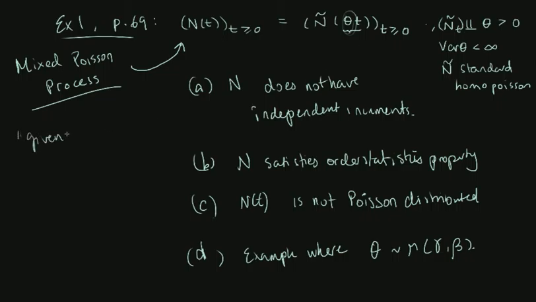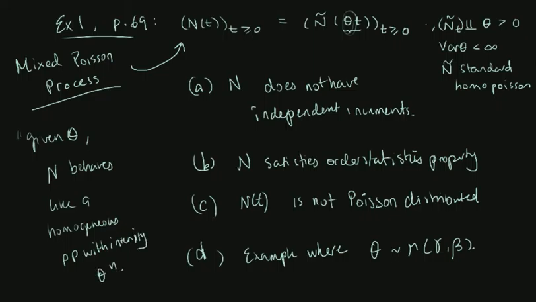Anywhere we have conditioned on theta, we will say that N behaves exactly like a homogeneous Poisson process with intensity theta. And that is a trick that we will be using quite often in this exercise. You do not yet have the theoretical background to understand why we do that, but we will, however, be doing that.